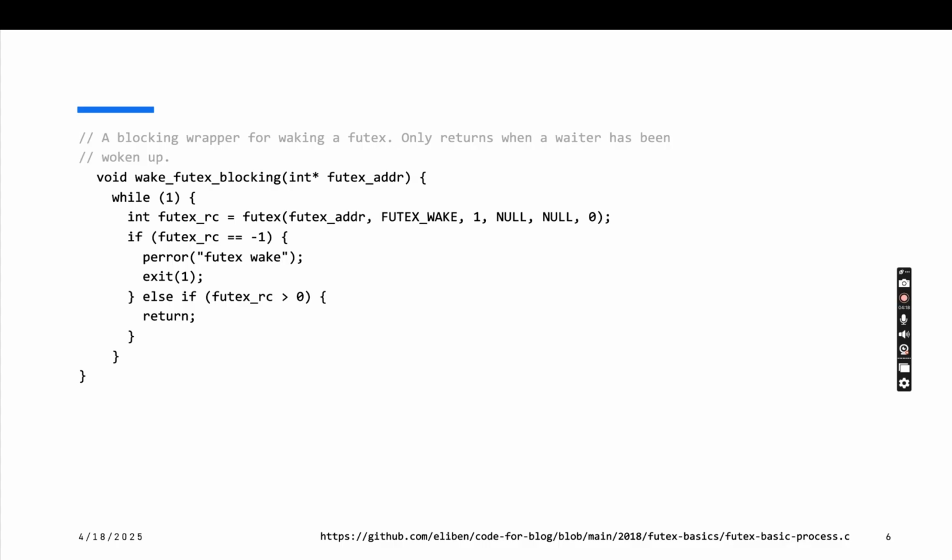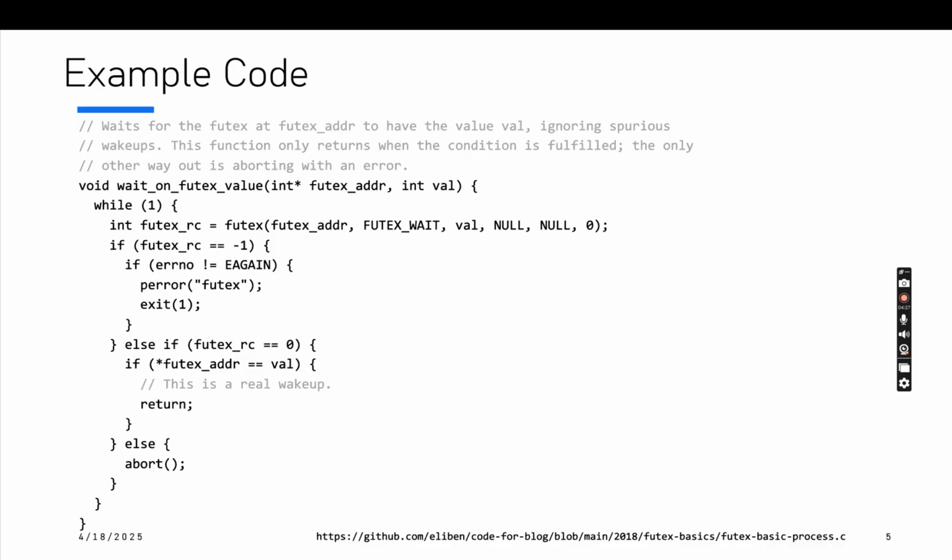So for this specific example, the developer had forked a process that immediately goes into this waiting queue and waits for a character A to be sent.